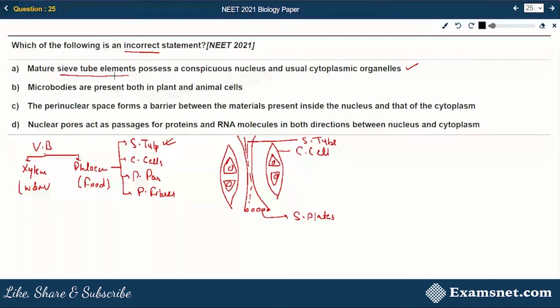Now, initially, the sieve tube elements have all the organelles present in the cytoplasm. But once they start maturing, the cytoplasm moves to the periphery and these organelles are lost. Only a few organelles are left.